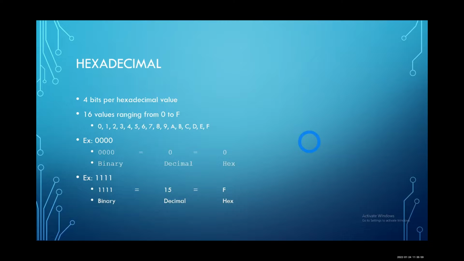Reason being is a Bitcoin address is actually 256 bits. So if you think about it, 256 zeros and ones. Human readability, I'm not going to understand 256 zeros and ones. So what they did is, instead of just doing that, you take 16 at a time, convert that to a letter or a number.